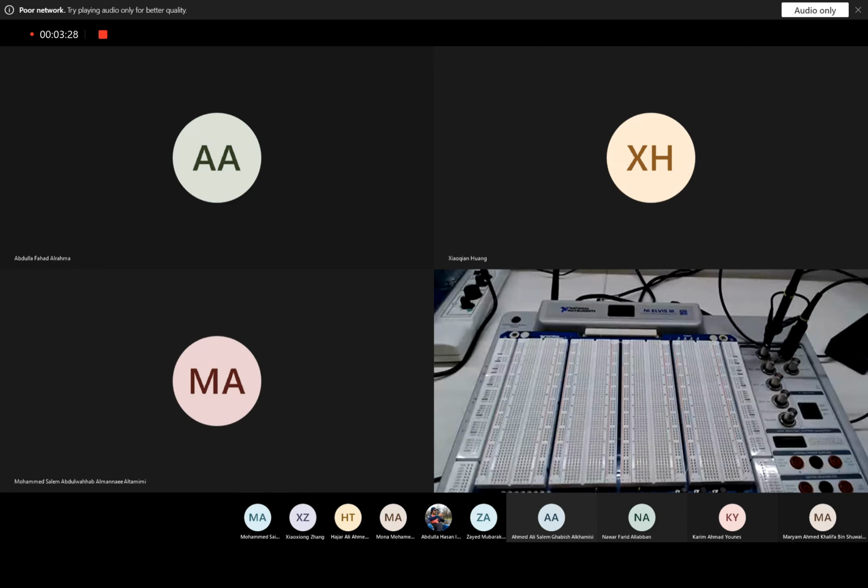So let's discover the manual. All right, this is on the e-learning shop. You have the manual, a VI, and a report template. All of you are supposed to see these three things: manual, sampling simulation VI, and lab 5 report template. All right, so I will share my screen.